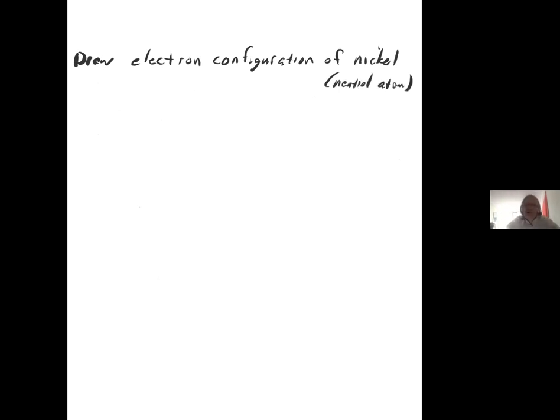Okay, so when you're doing this, one way to do it is with the box diagram. Another way is with what we call... I'm just looking at it. It looks like they actually just want you to do the box diagram. I'm not sure. Okay, so they didn't say box diagram here. It says draw, so I guess draw means the box diagram. But after I do the box diagram, I'm going to show you the notation, okay?